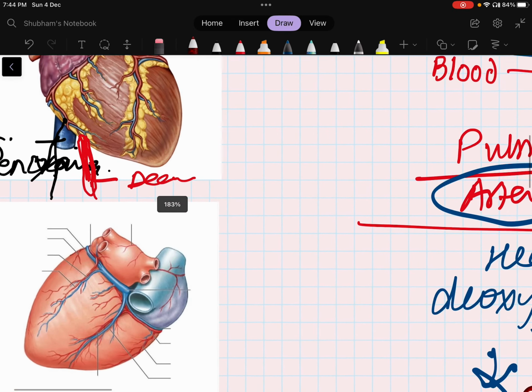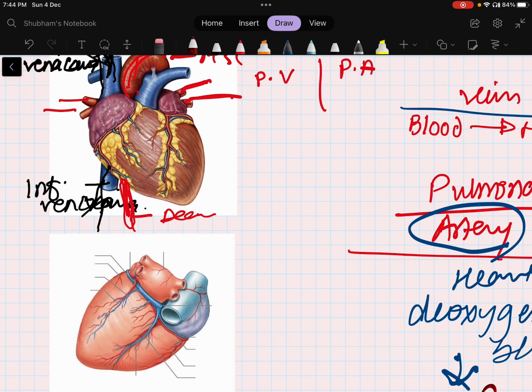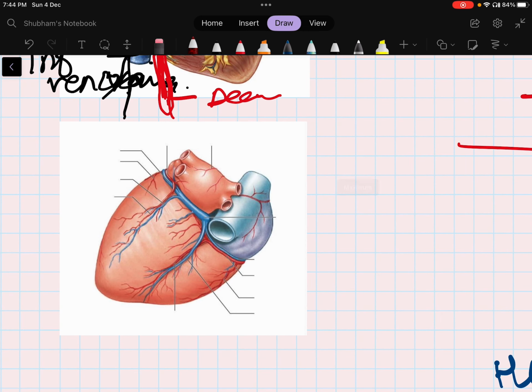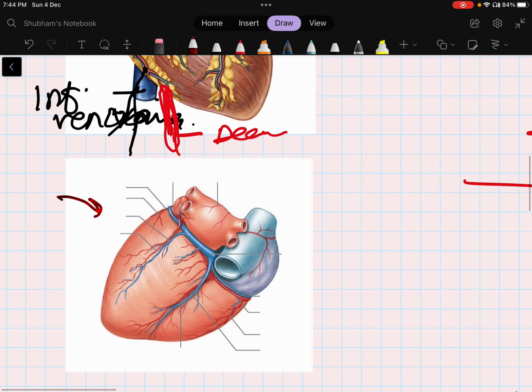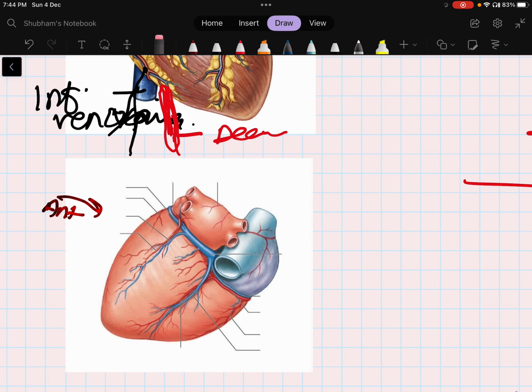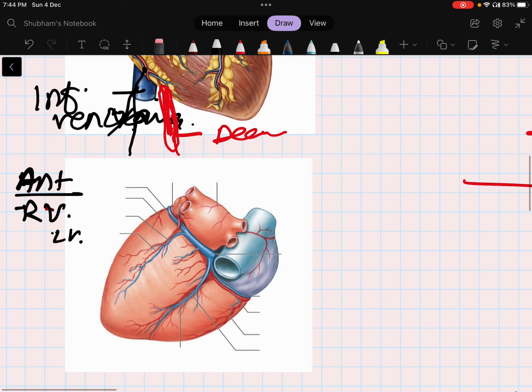So now we will discuss the blood supply of the heart. But before that, let's just see what is at the back of the heart. On this side, this is the anterior part, and from this side we are looking from the posterior. So this is the base, right? As we all know, the anterior part basically has the right ventricle, most of the right ventricle and a small part of the left ventricle.